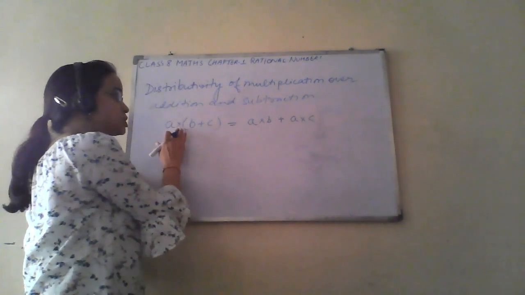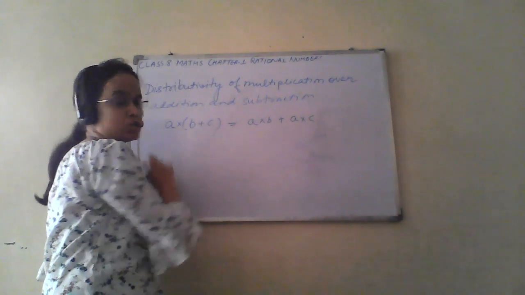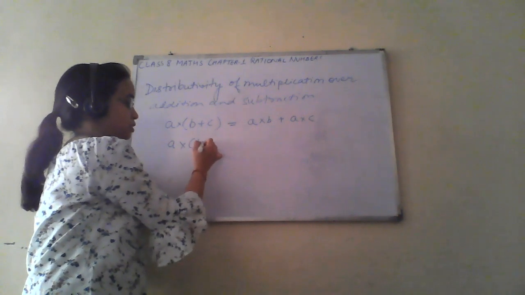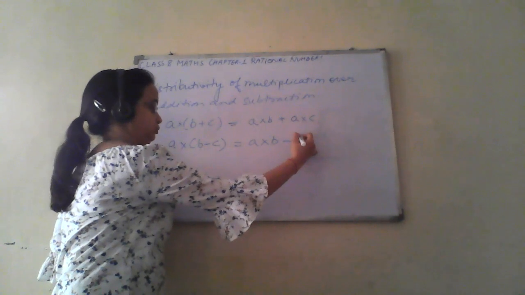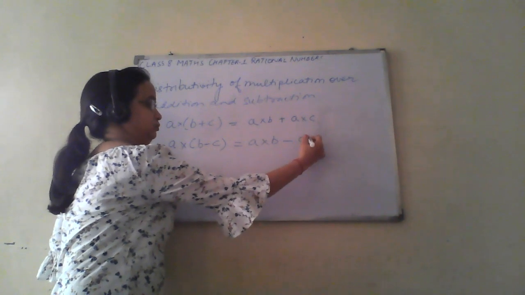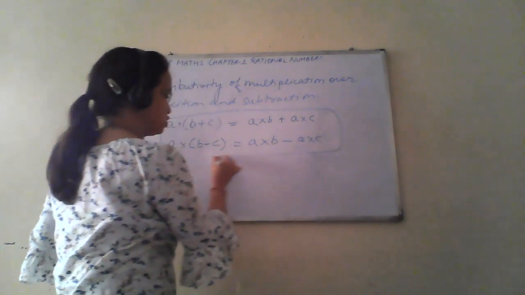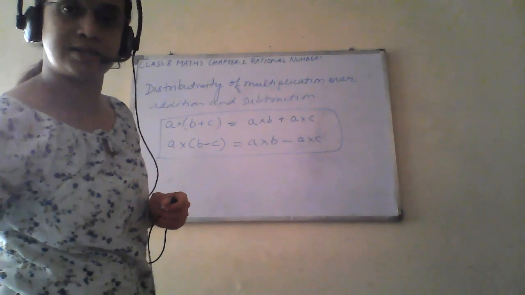It means this multiplication sign is being distributed over this expression. It can hold true for the negative sign too. These are the general expressions of distribution of multiplication over addition and subtraction. So we'll discuss a few examples.